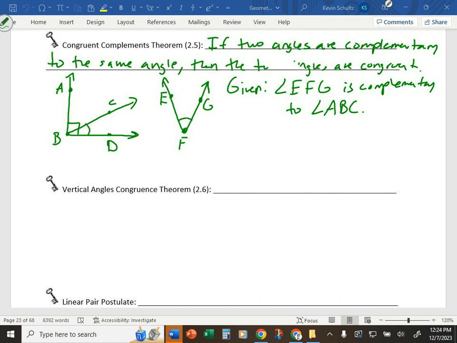Okay? If EFG is complementary to angle ABC, and we know that these two angles are complementary because of the right angle, we can say that EFG is congruent to CBD.